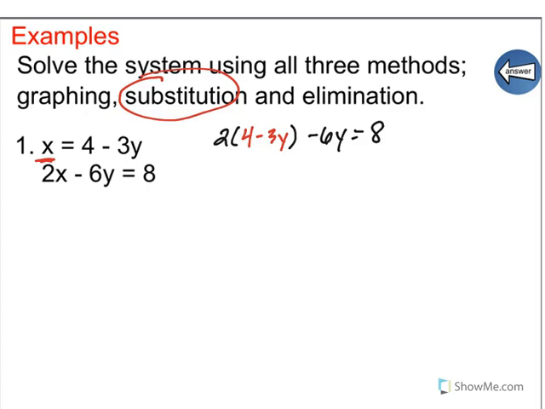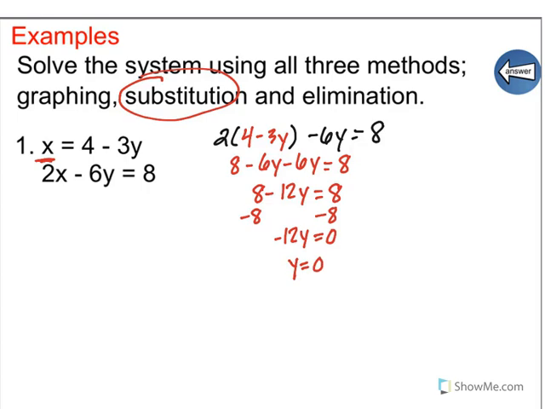Then distribute, so this would be 8 minus 6y minus 6y is equal to 8. Combine like terms, so that would be 8 minus 12y is equal to 8. Subtract 8 on both sides, that would be negative 12y is equal to 0. So then that would mean that y is equal to 0.